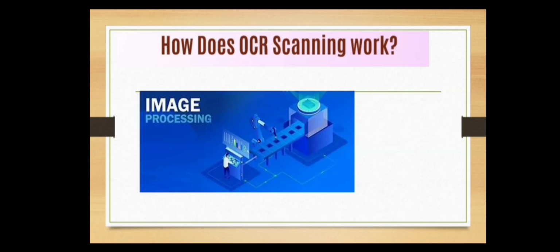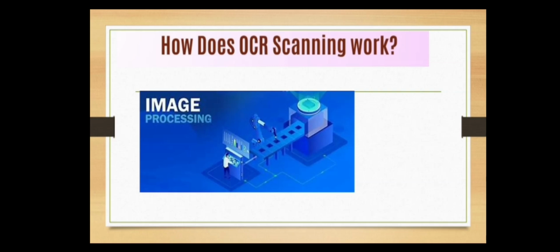Step 1 is image processing. The first step in the OCR process is image processing. This step is crucial because when we capture an image of a document, whether it is scanned or taken by a camera, it is often imperfect. The quality of the image might not be ideal for direct text recognition.